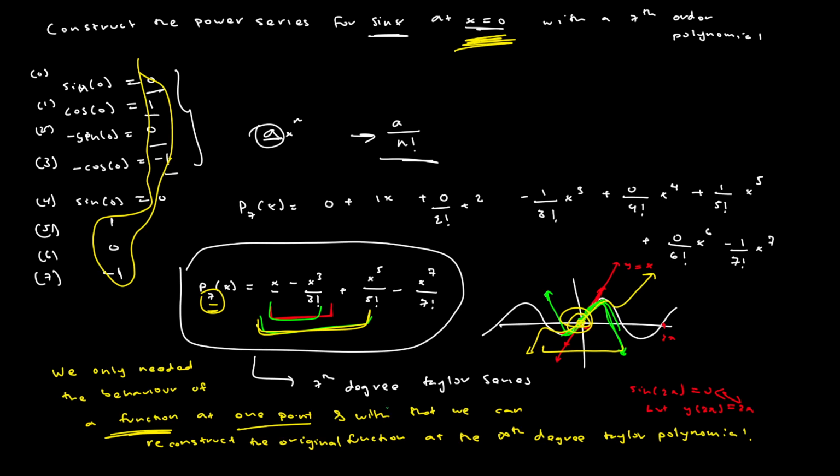And also, we only need one point and how the function and its derivatives behave around that one point to be able to fully reconstruct the original function. Given all this intuition, now let me formally define what a Taylor and Maclaurin series is.